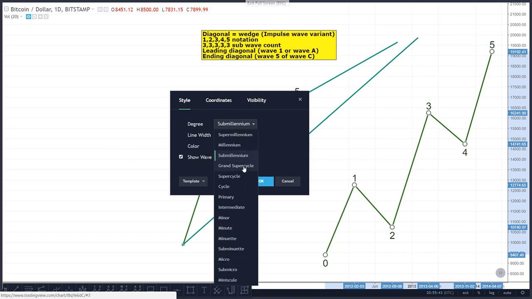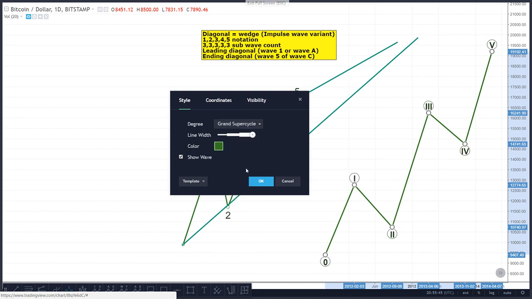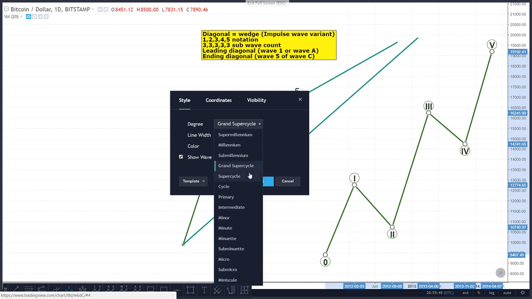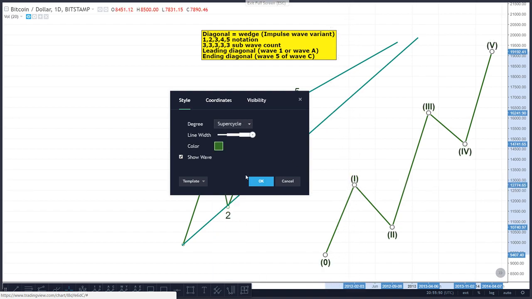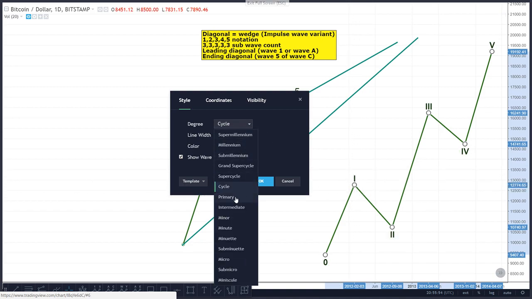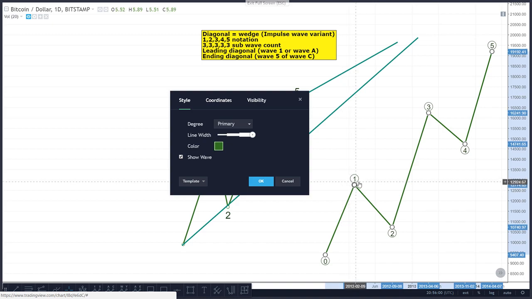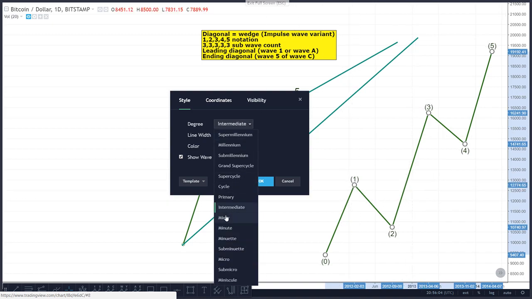This is basically Roman numerals in a circle. Then you get Roman numerals in a bracket, and then you get Roman numerals on their own. Following on from there you get the primary, which is basically a smaller number in a circle. Then you get a smaller number in brackets, and then you get a smaller number by itself, and you can probably guess what's next.